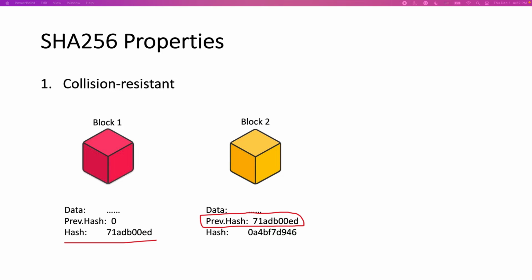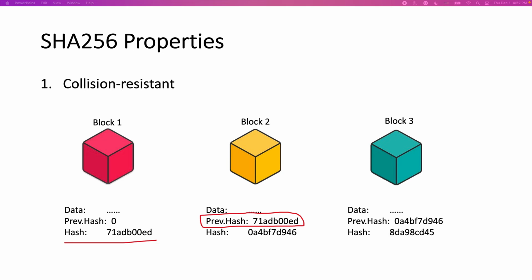So if they tamper with the data, the hash will be changed, and any change will be found by people in the blockchain network. We mentioned this scenario in the What is a Blockchain video. This is why blockchain is an immutable ledger. We will talk about this immutable ledger in detail in a separate video.